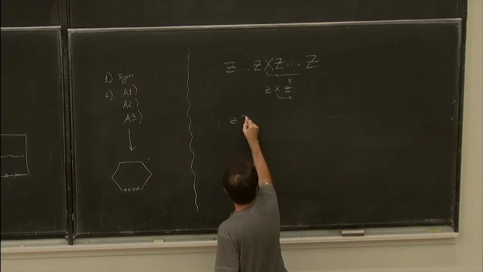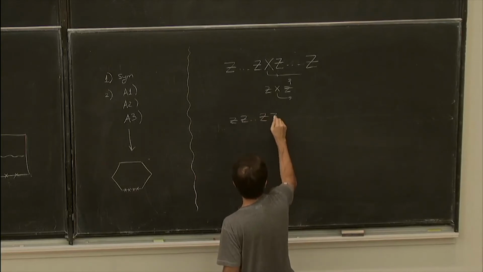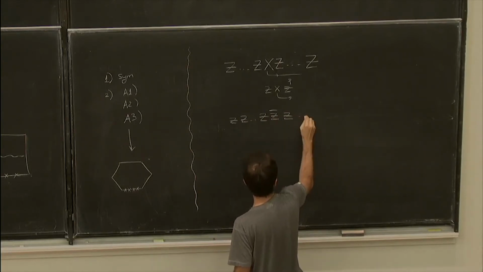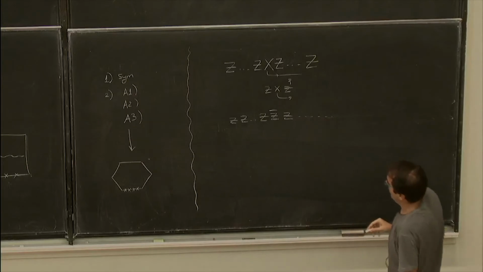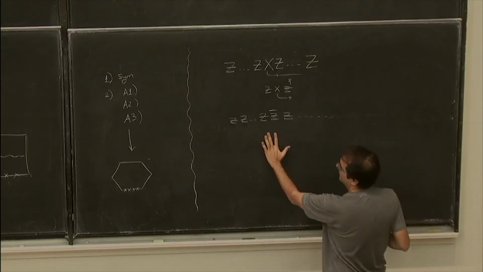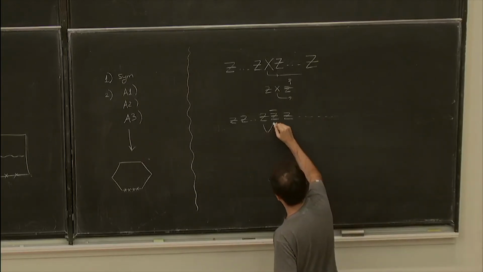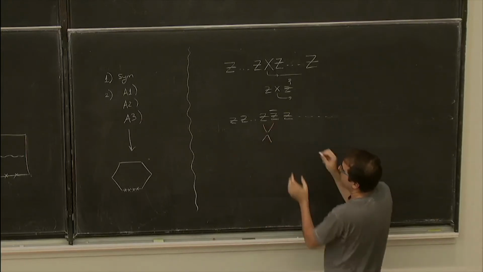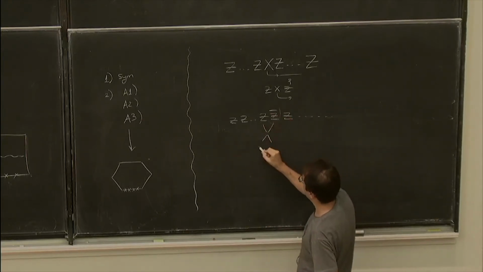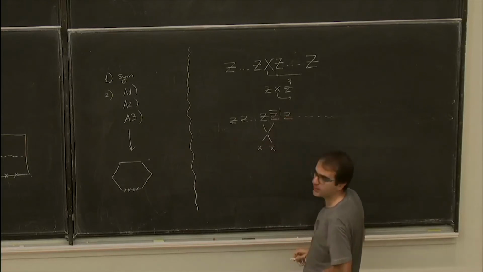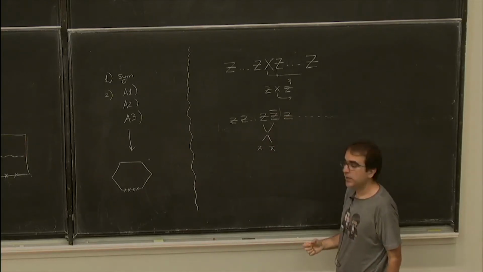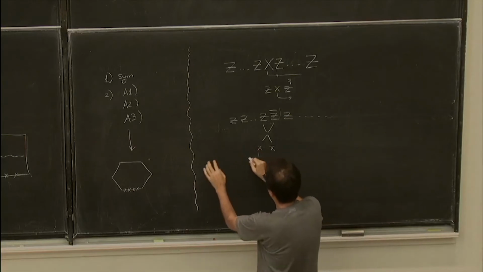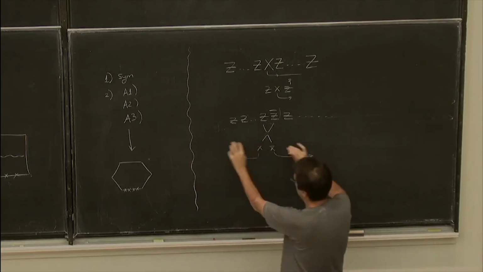However, if I put, instead of an X, a Z bar, now, I don't know if you remember, but there is also this term in the Hamiltonian that annihilates these excitations. It would annihilate this Z bar and produce, for example, an X and an X bar, plus other stuff. Each of which, then, if they start moving away, never annihilate again.